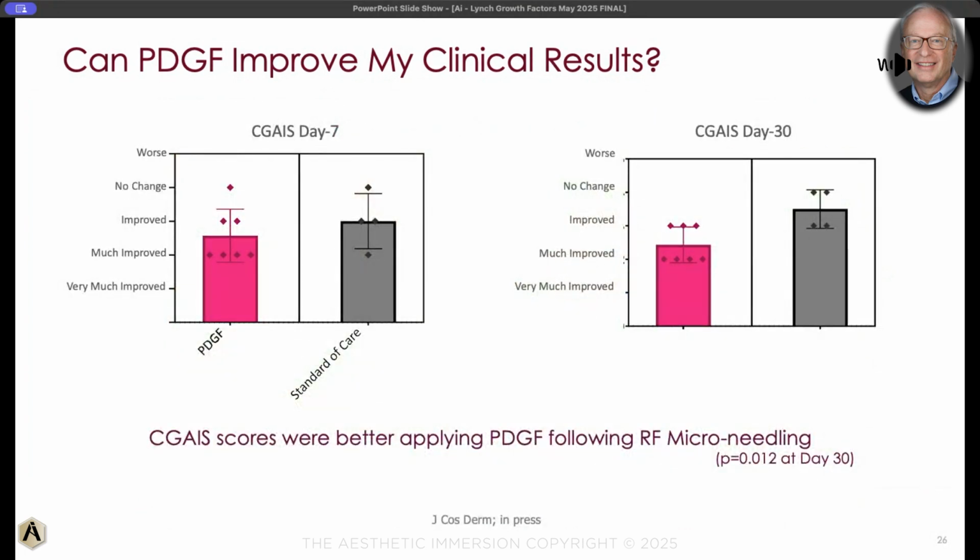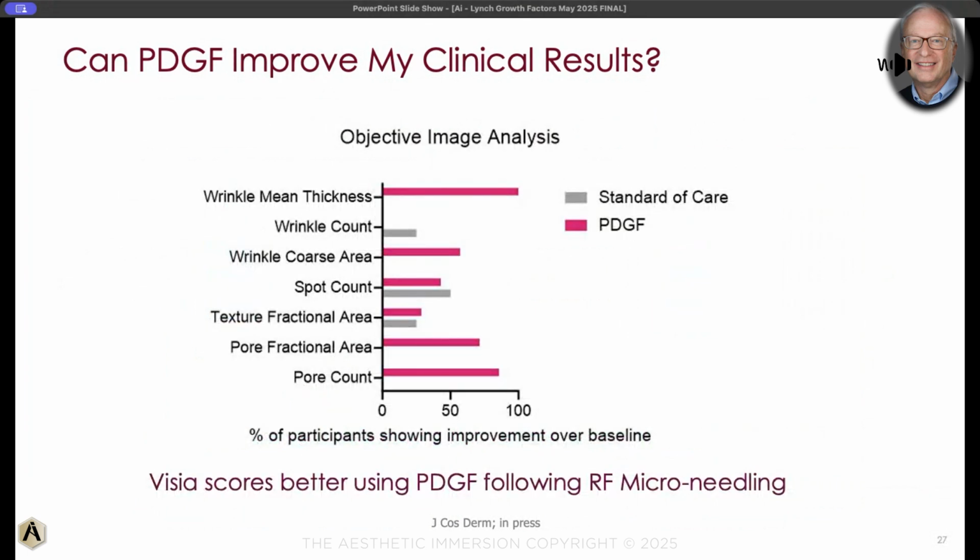This is looking at just the global aesthetic assessment scores, okay, that were significantly improved in the PDGF groups. Next. This was looking at the Visia scores, the Canfield image analysis system.